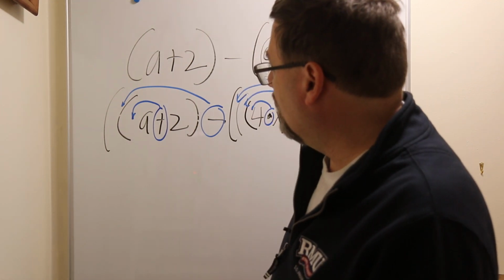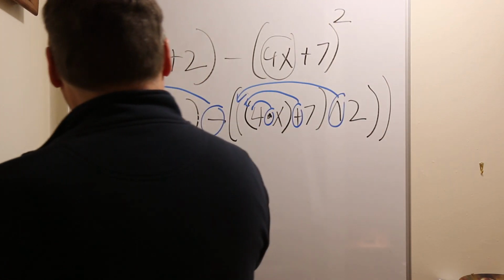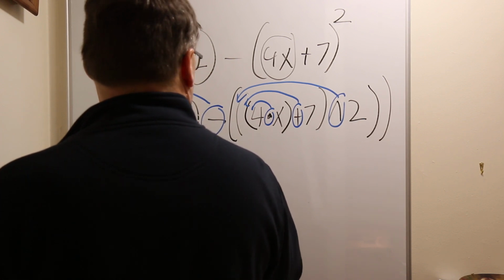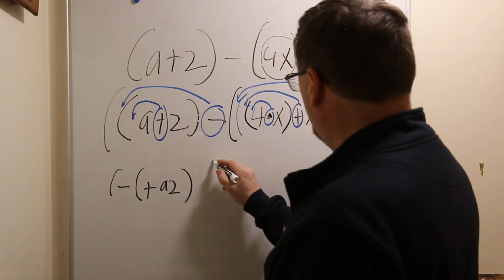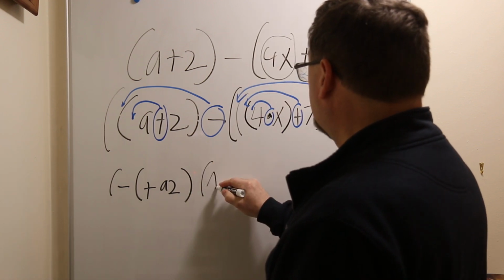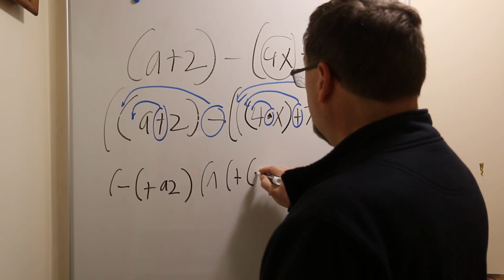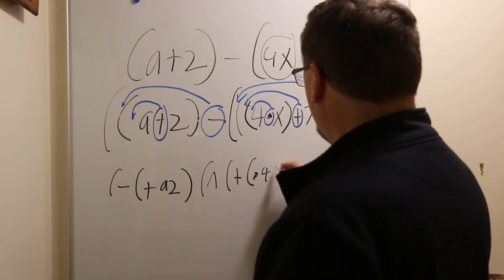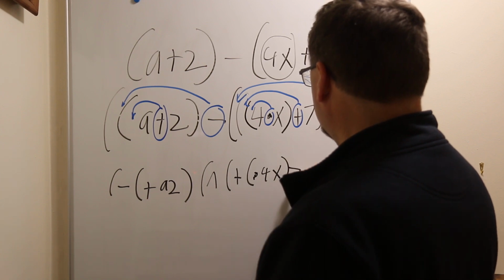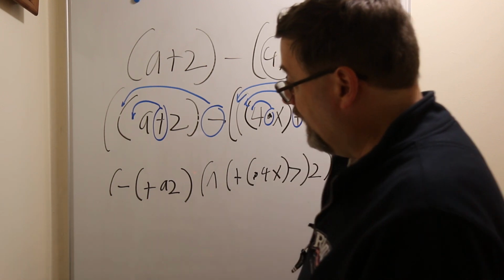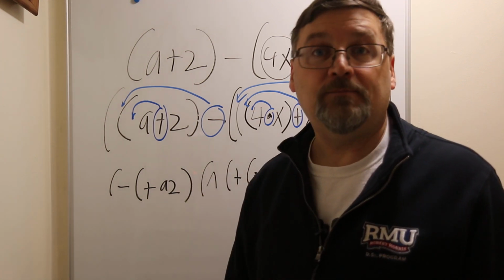And if we do that, we end up with left paren minus left paren plus a2 right paren, and then we do left paren exponent left paren plus left paren times 4x right paren 7 right paren 2 right paren right paren. And now it's in prefix notation.